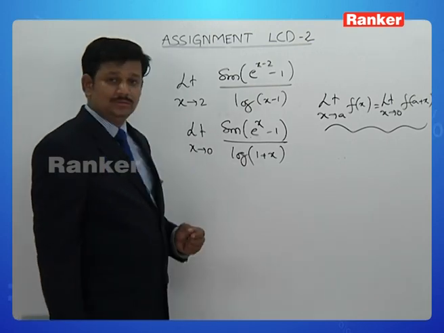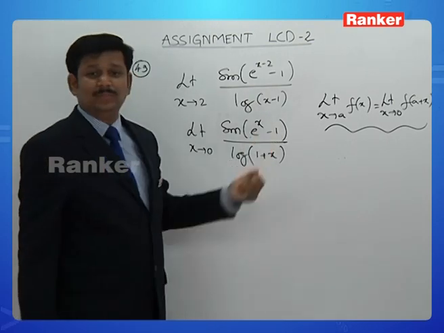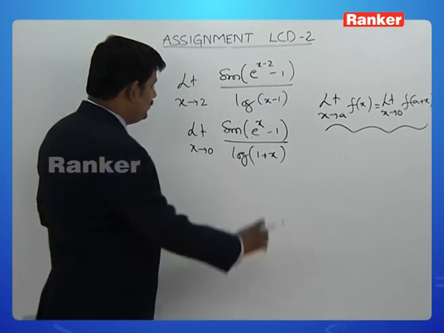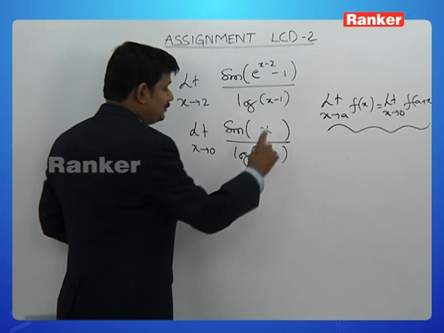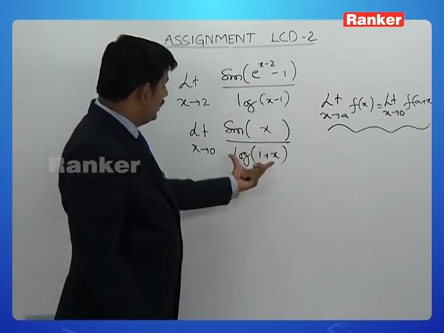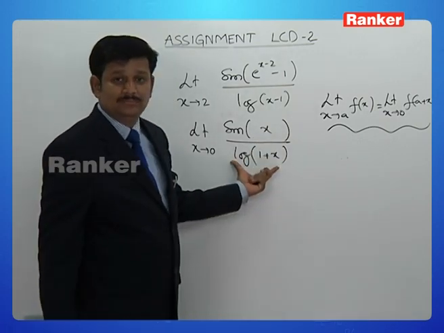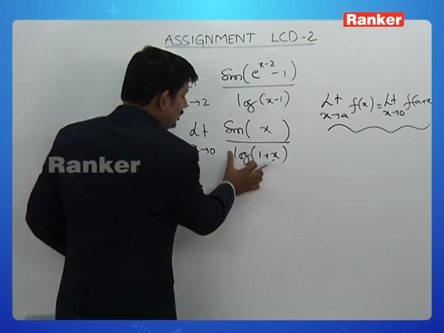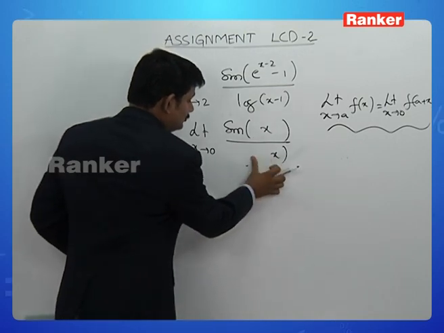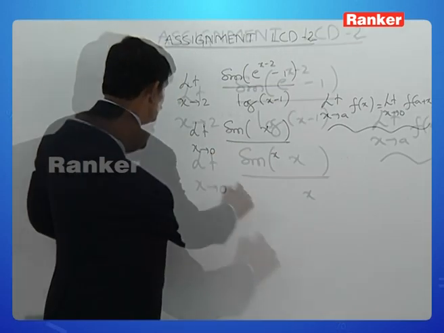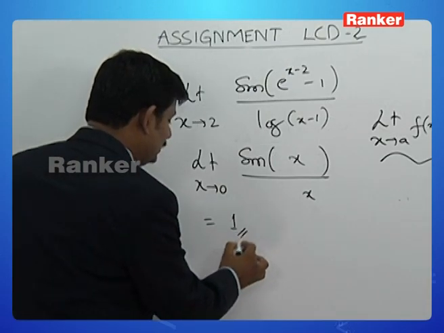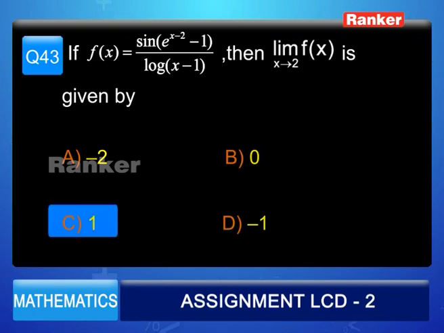As x tends to 0, (e^x - 1)/x is 1. So, e^x - 1 is equivalent to x. This we can replace by x. log(1 + x)/x is also 1. So, log(1 + x) can be replaced by x. And sin x/x we know is 1. So, answer for this question would be 1, which is option C.